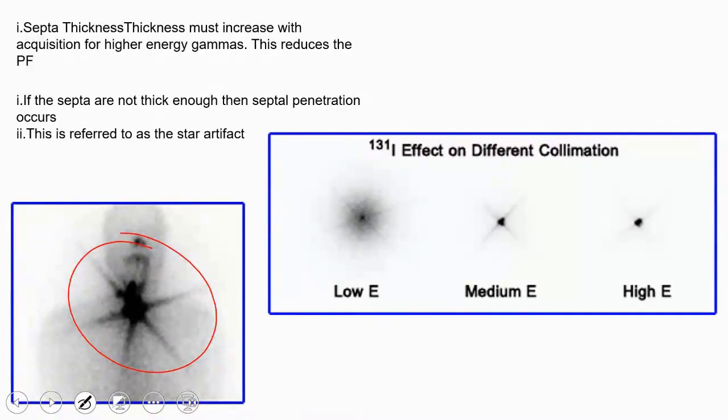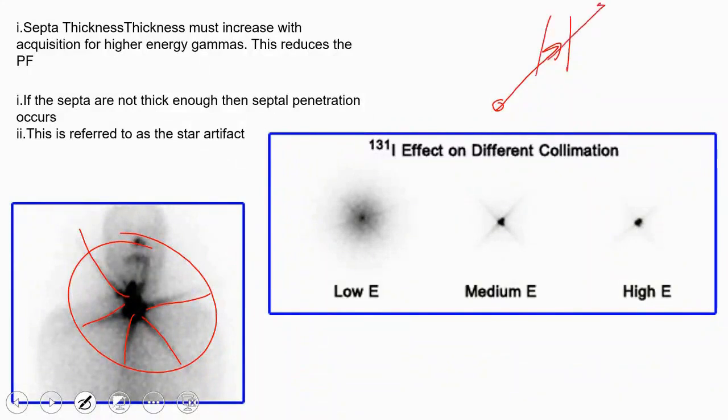Where does this scattered radiation come from? You see the scattered radiation here. Why does it appear this way? Because you are using a low energy collimator while you are imaging a substance that is essentially high energy. The radioactive material was able to penetrate the septum and reach the crystal, which started giving you scattered radiation in this way.